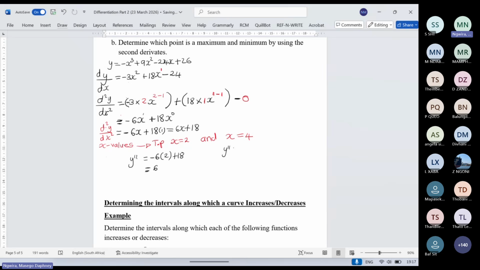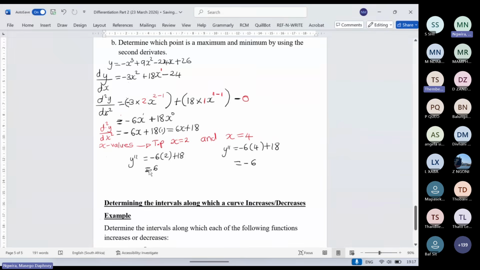Okay. And then this one will be negative 6 times 4 and then plus 18. So this will be what? Negative 6. So now the question is this one, less than or greater than 0?